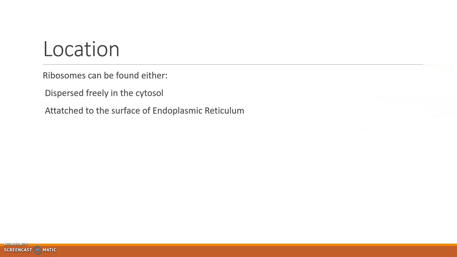Now location. Where are these ribosomes found? They may be found either dispersed freely in the cytoplasm, or attached to the endoplasmic reticulum.